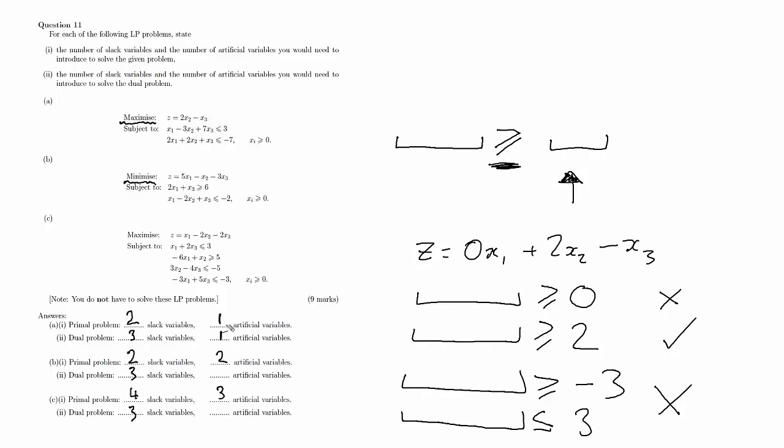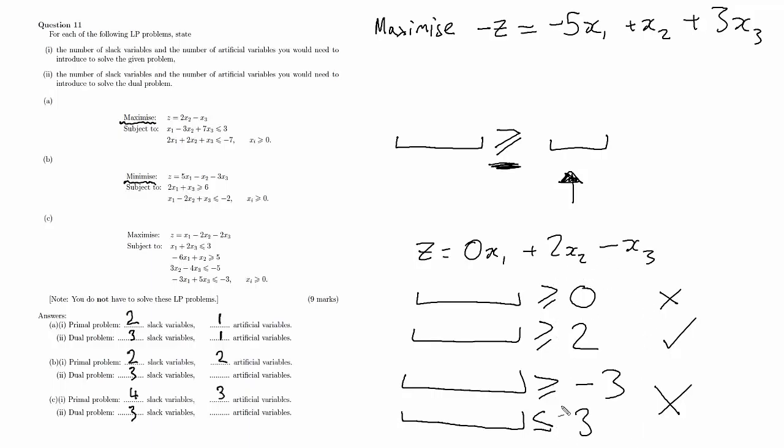For part B, we have to be careful because we have a minimized problem. This gets adjusted to a maximized problem. So we would be maximizing minus 5x1 plus x2 plus 3x3. So in order to count the number of artificial variables, we have to know how many positive numbers are going to appear on the right-hand side when we form the dual.